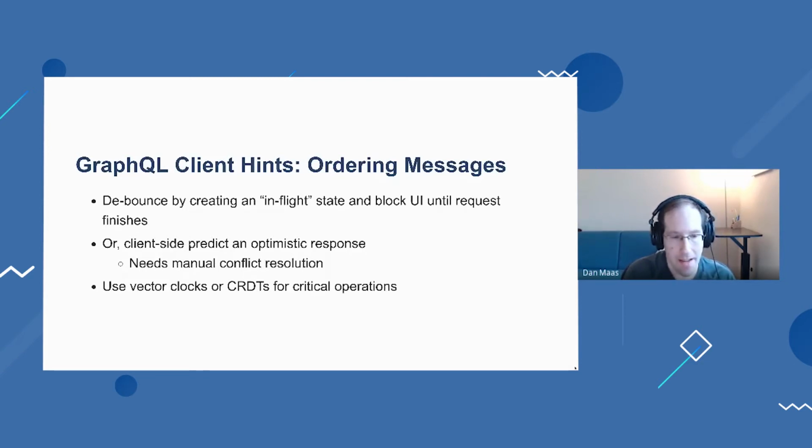And so the Apollo client does allow you to do what they call optimistic responses, or from the games industry, we call it client-side prediction, where you assume speculatively that the operation succeeded, and you apply the result of that operation instantly into the UI.